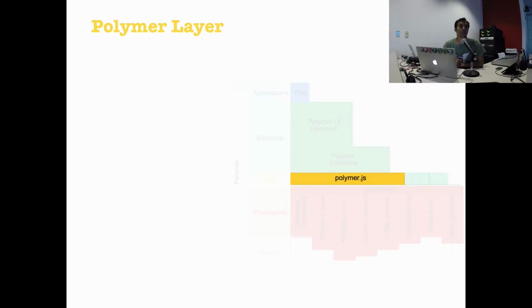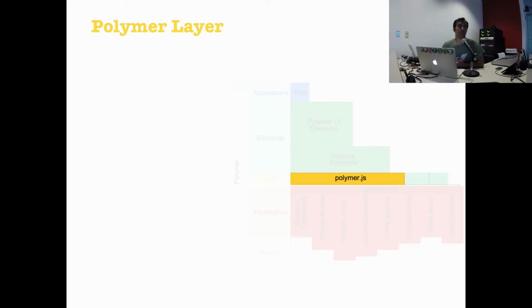The Polymer layer is built on top of polyfills. By the way, a fun fact about Polymer is it's developed by Google, but it's also used by the Xtag library. I think they recently announced it. Xtag is again a library built for web components, so they started using polyfills as well for the implementation.